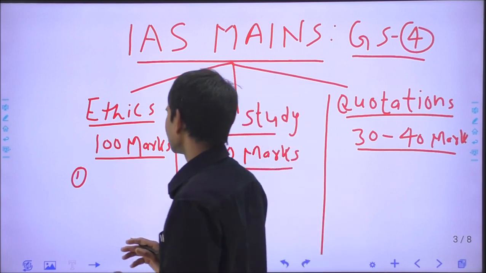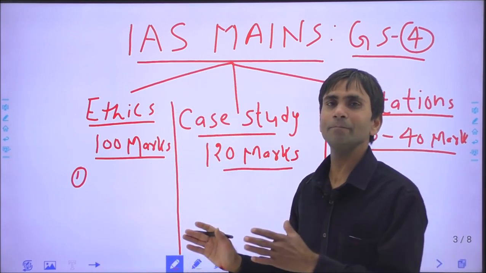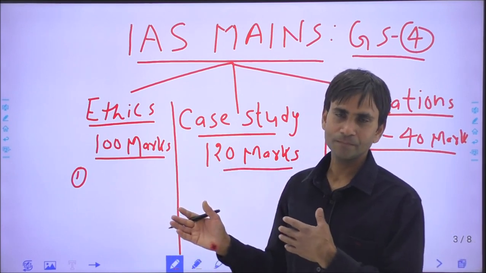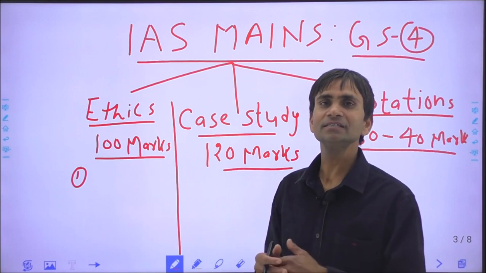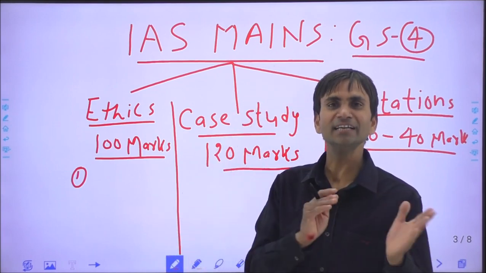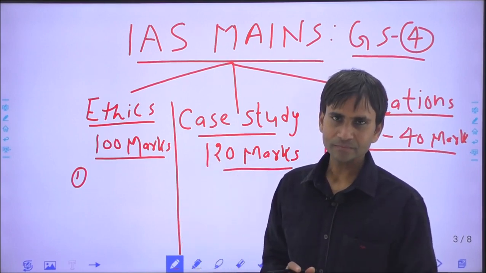So first, what do you mean by ethics? Ethics is a branch of philosophy, sometimes called moral philosophy, which provides standards for deciding or judging right and wrong in human behavior.